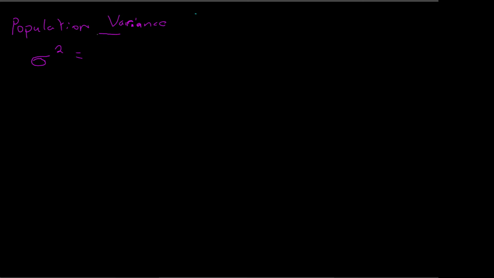What we do is we take an uppercase sigma, this is a lowercase sigma, and this is an uppercase sigma, which means we add all of the deviations. So we go through each piece of data, and we square the deviations and sum up the results of the squares of deviations. And we divide that by how many members there are in the population.